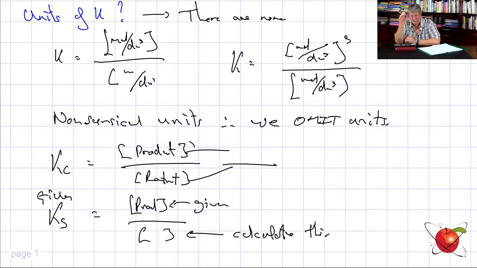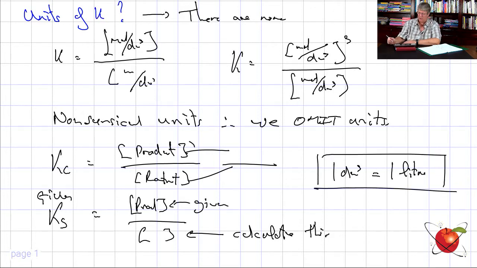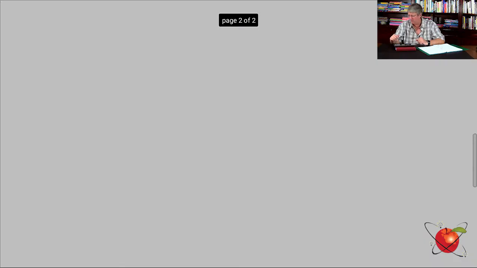So whenever we're given concentrations, we always write the expression of mass action. We then put in the concentrations we are given. Please be careful. 1 decimeter cubed is 1 liter. Please remember that. We always convert to decimeters cubed, or liters. But decimeters cubed is generally what we've been working with.